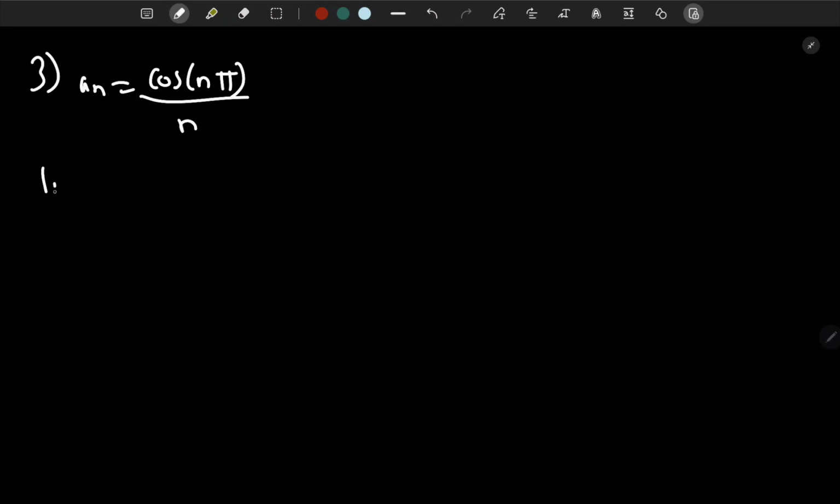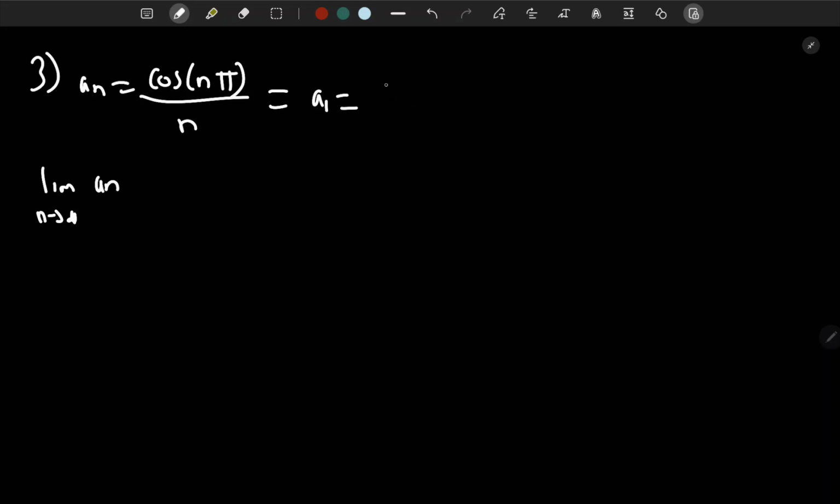And again we want to find the limit as n approaches infinity of a of n. So how do we do this? First step again is to always write the first 3 or 4 elements of the sequence that you have. So a of 1 is equal to cosine of 1 pi over n.